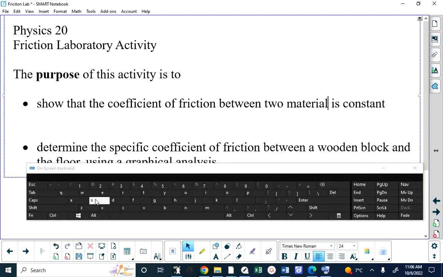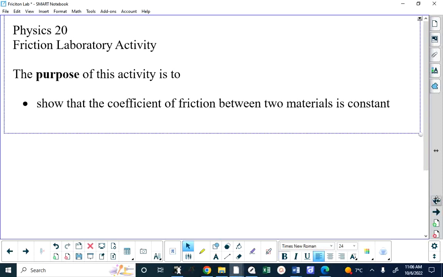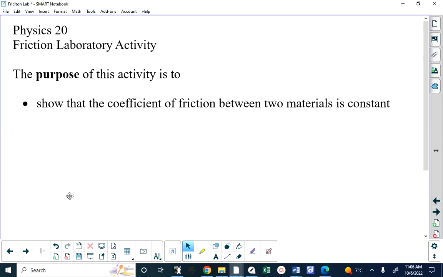What do I mean by that first statement? Well, what I mean is that if I take an object, and the object you're going to be using is a block of wood, and I put it on the floor, I'm going to use a counter or a tabletop in demonstrating this because I don't feel like crawling around on the floor. You guys can do that later.